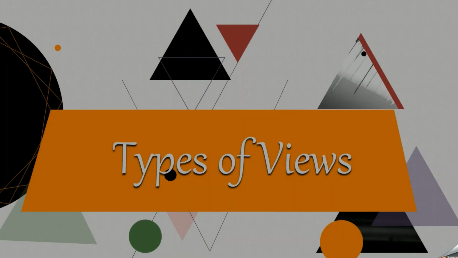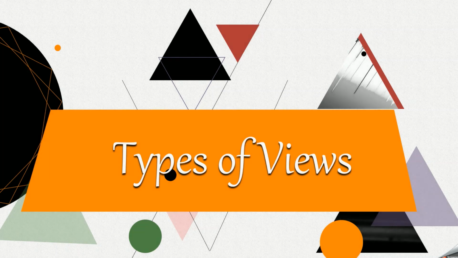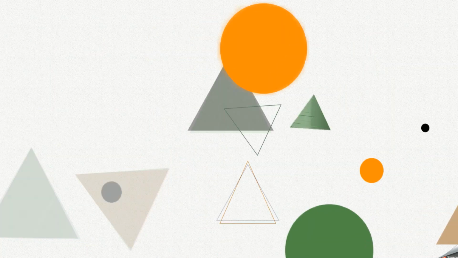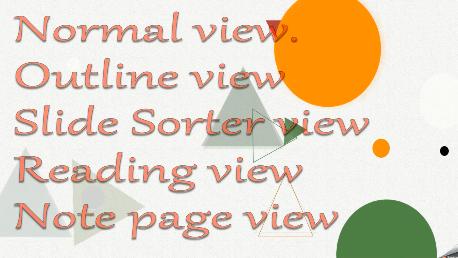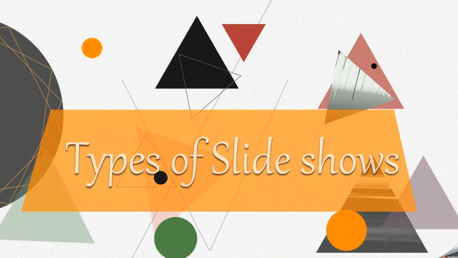Okay. Now let's recall what are the topics we learned today in this video. We learned different types of views. What are those 5 types? Those are normal view, outline view, slide sorter view, reading view and note page view. These are all the 5 different views which we learned today. And we also learned different types of slideshows.